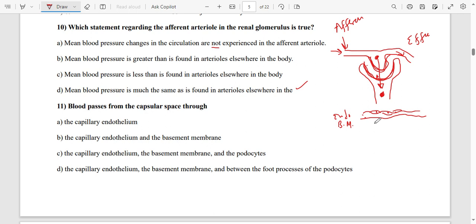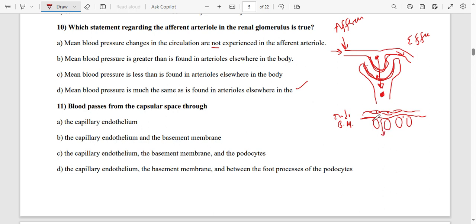Podocytes have processes, they have foot processes, and let's say this is a podocyte, the podocytes will be leaving spaces, and those we call slits. Podocytes also rest on a basement membrane. So we are going to pass the basement membrane where the podocytes are resting, and then also pass the slits.